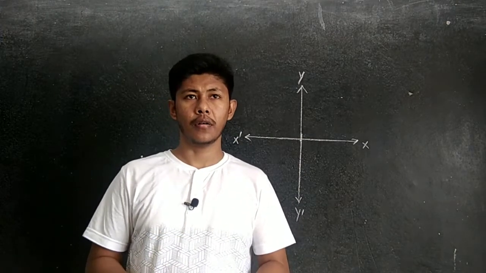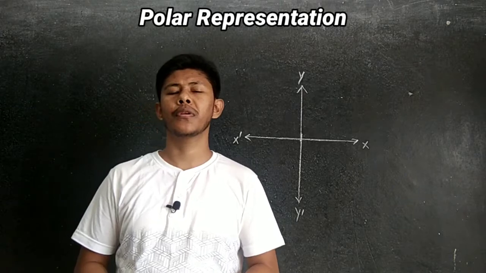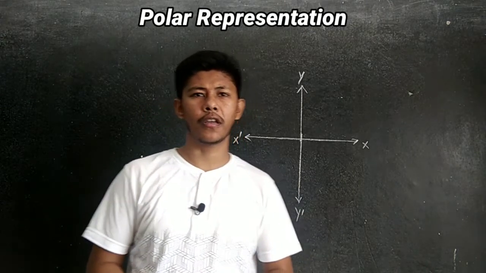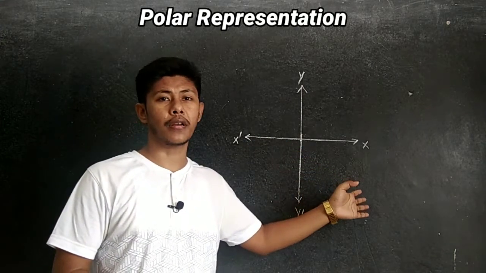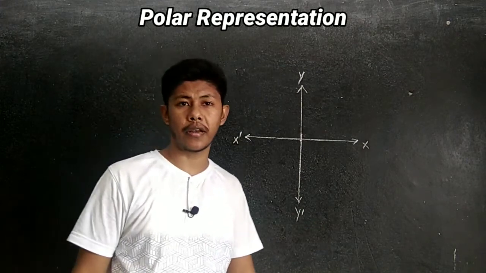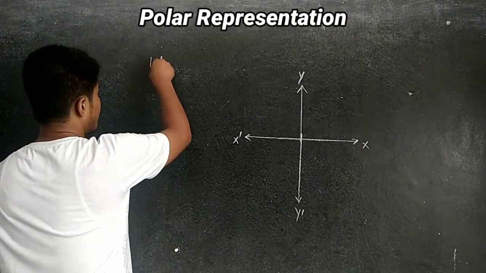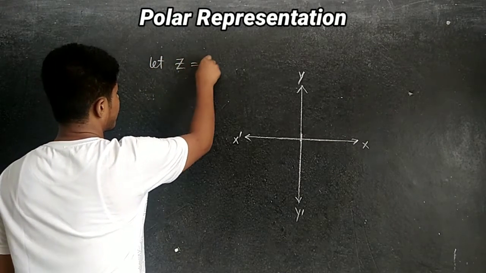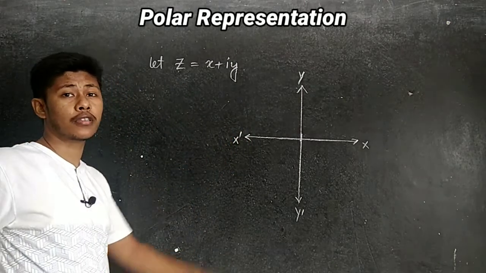Next is the polar representation of a complex number. First of all, consider an Argand plane, where this is the real axis and this is the imaginary axis. If we consider a complex number z equals x plus iy, we can easily plot this point on this xy plane.